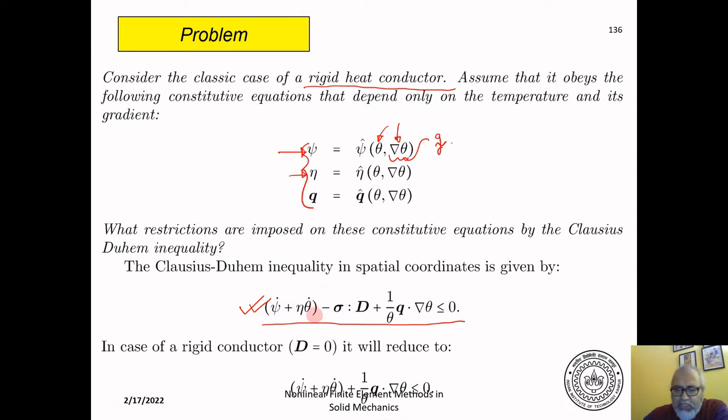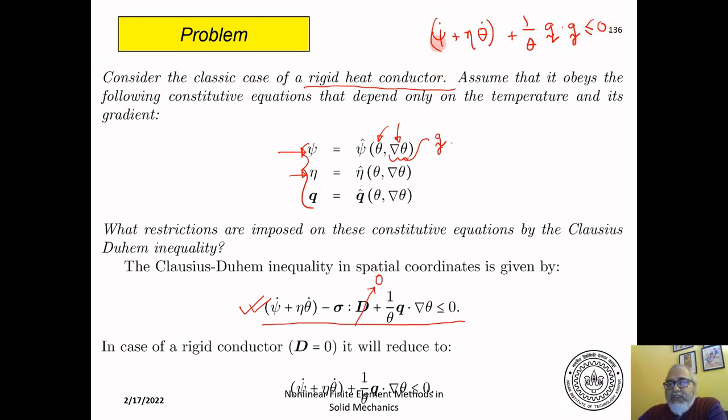So we write the Clausius-Duhem inequality in the deformed configuration. It's a rigid conductor, so there is no D. So this is 0, and I'm left with this plus 1 by theta q dot g is less than or equal to 0.